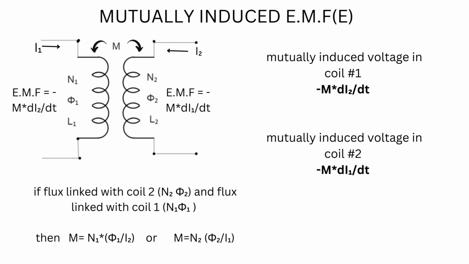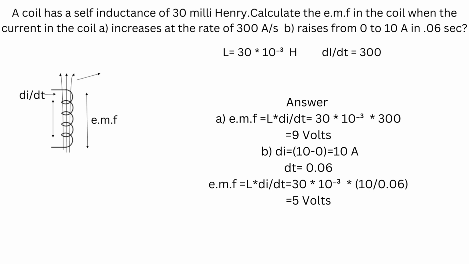The current change in coil 1 is basically induced using a switch. I have not drawn the full circuit diagram. Current change by switch, and again there is a current source also. Here we are just trying to find the mutually induced EMF, which is minus M into di1 by dt.